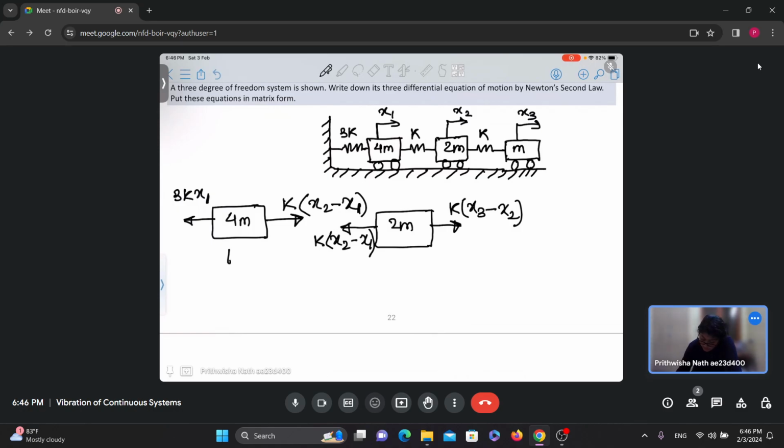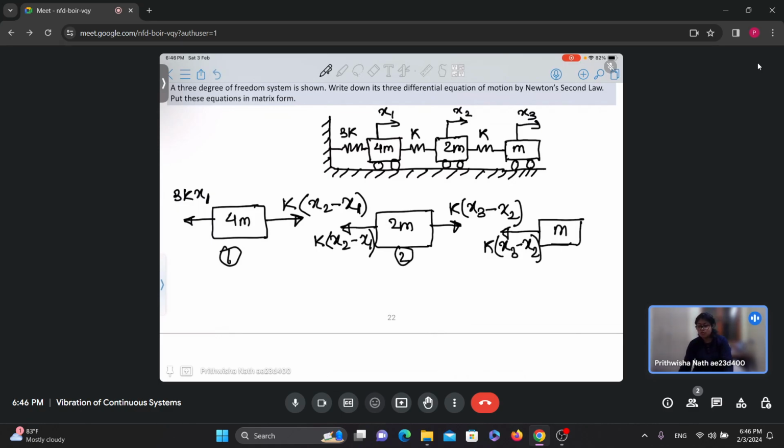Similarly, for the third mass, only the force is acting towards the left. So k into x3 minus x2.